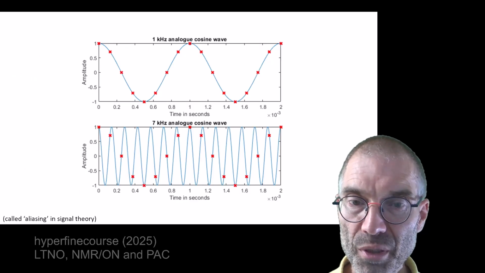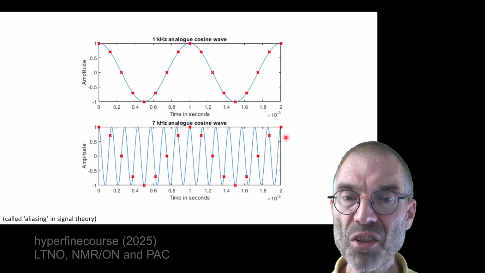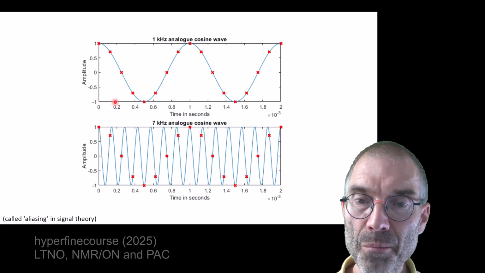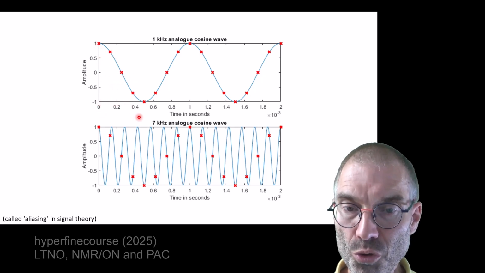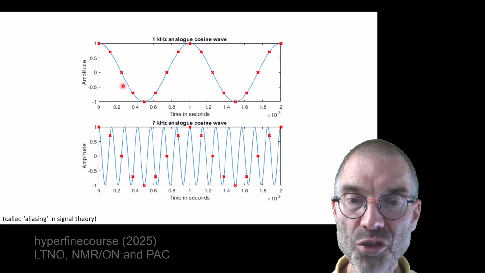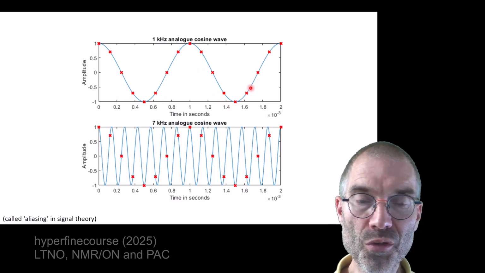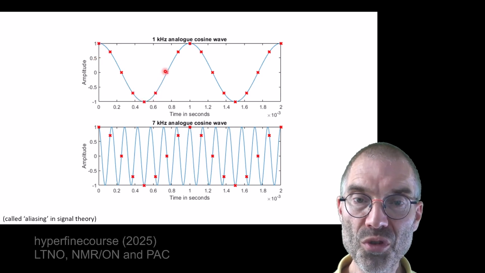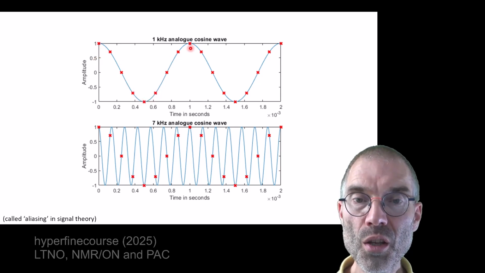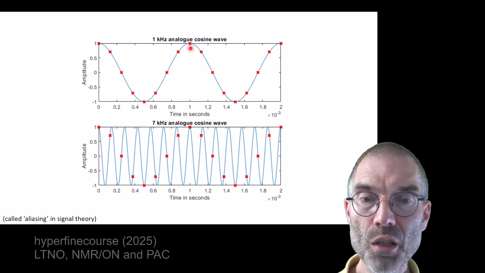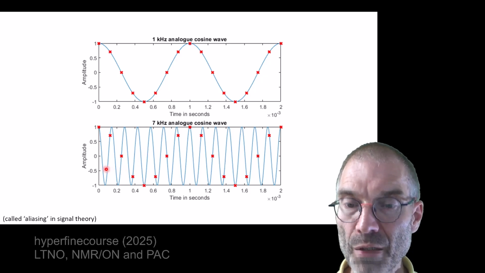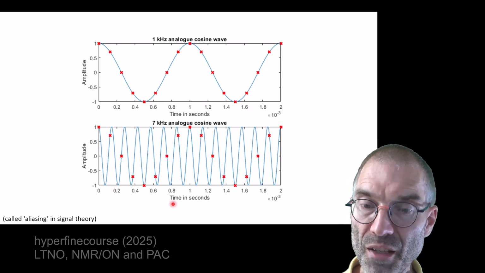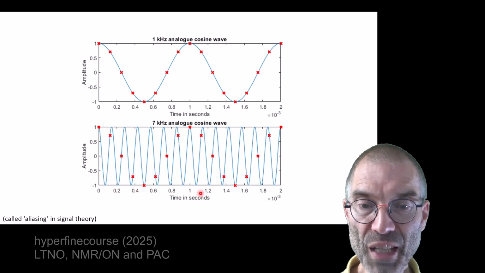I have an example here of what that means. Imagine you can measure data at every time where there is such a red cross. Well, if you do that to measure an oscillating function that has a frequency such that you can measure several data points within one period of that function, that is fine. But if you have a function that oscillates much faster, well, see what happens.